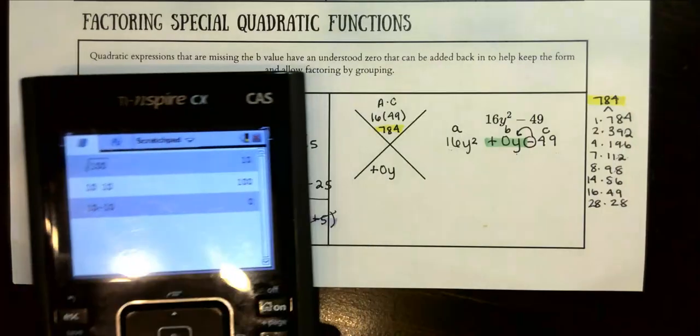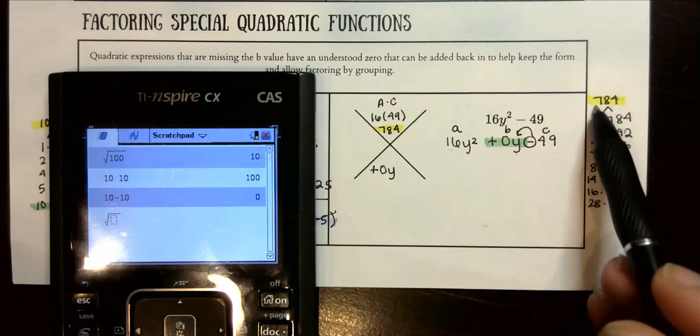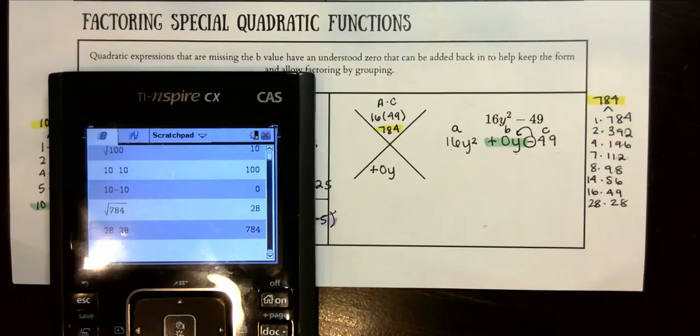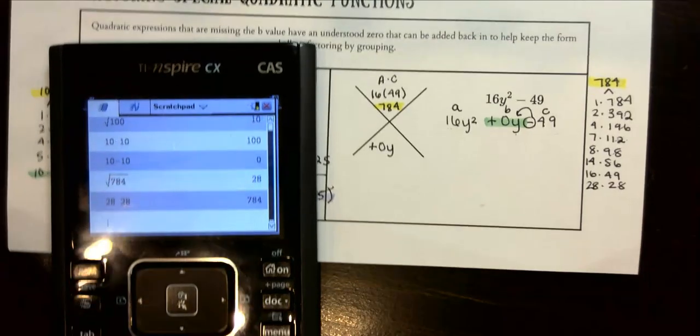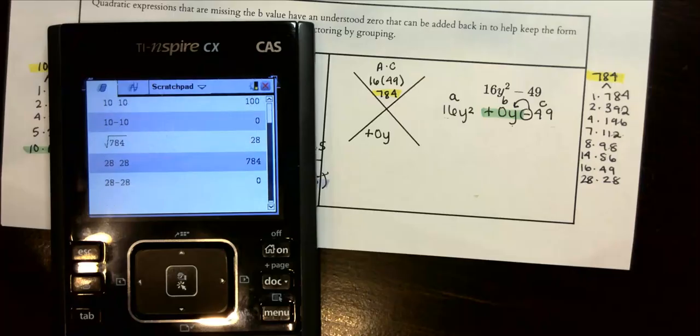So if we have that big number, but we're still looking for a 0, I could have done the same thing. Take the square root of 784, and notice it gives me 28. I know that 28 times 28 gives me 784, but I also know that 28 minus 28 would give me the 0 I'm looking for. So this is kind of like a shortcut. If you're looking for a 0, then all you have to do is take the square root of that.